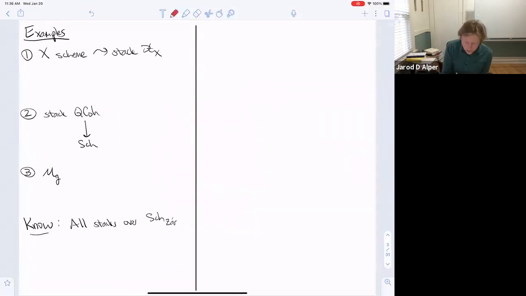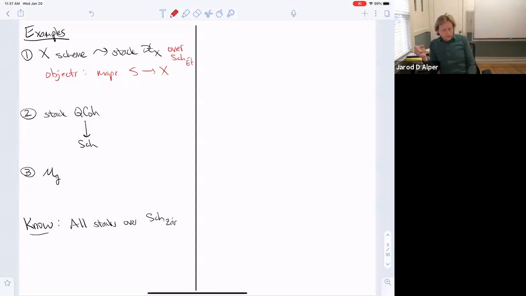The objects of the stack are just maps, let's say S to X, and this lives over the scheme S. And so this is a stack over the big étale site. That was our first example of how we view a scheme as a stack.